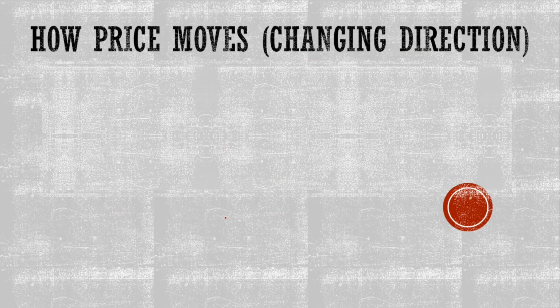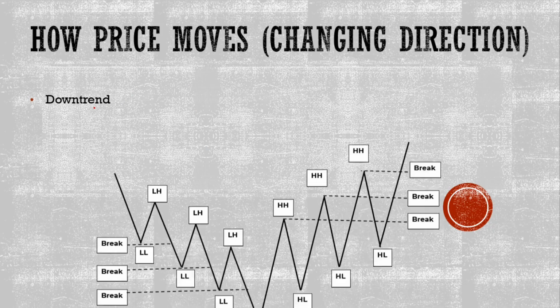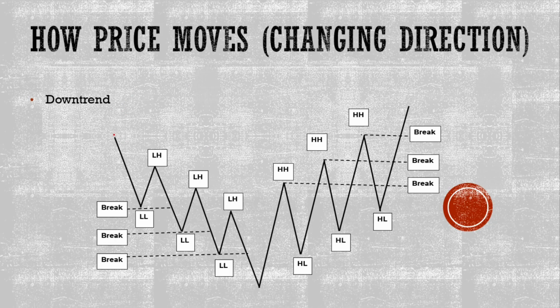So let's look at the downtrend example. Let's say price was right here. It's making an impulsive move, retracement, impulsive move, retracement, impulsive move, or push, pull back, push. And as it's doing that, it's making the points that we talked about: lower high, lower low, break, lower high, lower low, break, lower high, lower low, break.